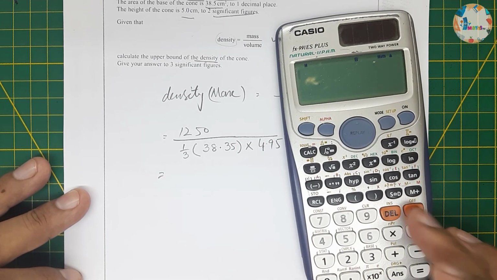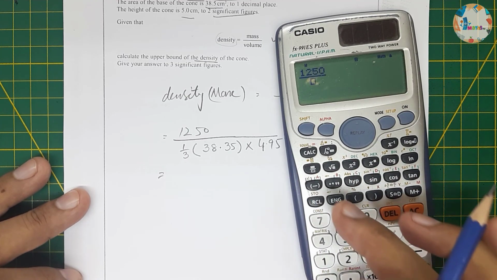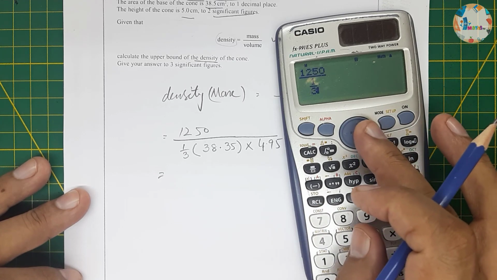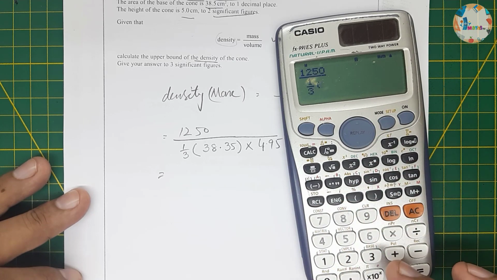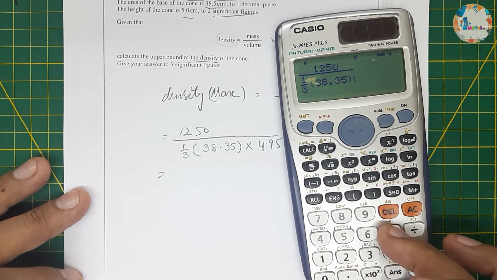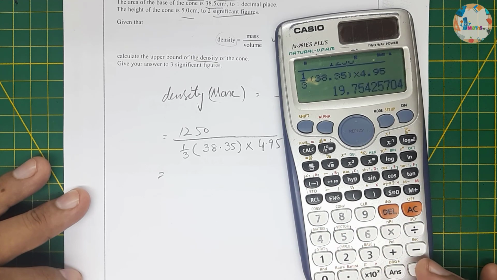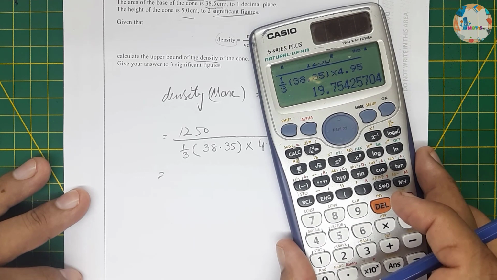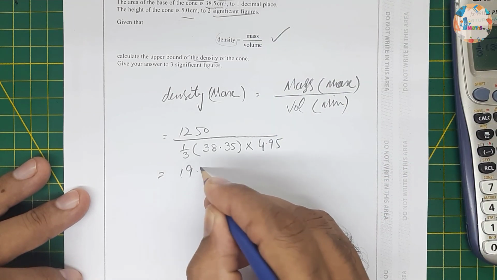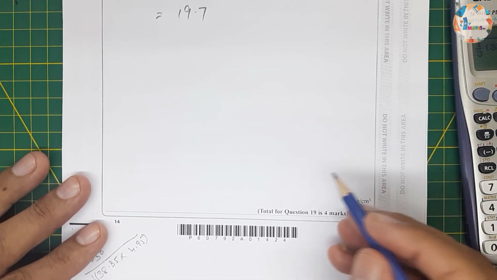If we calculate 1250 divided by 1 over 3 multiplied by 38.35 into 4.95, this will give us 19.75. So our answer will be 19.7 up to three significant figures. We can write it as 19.7.